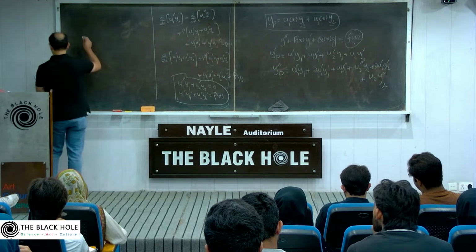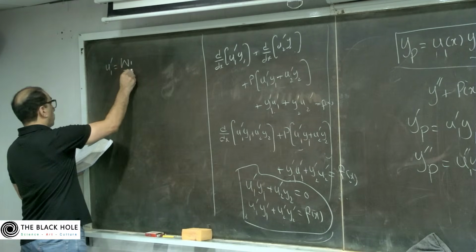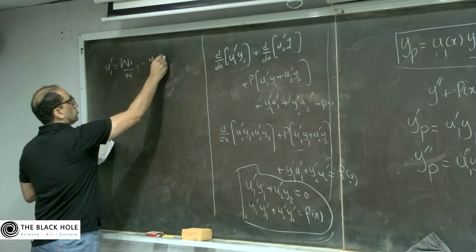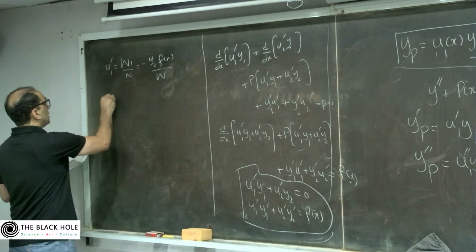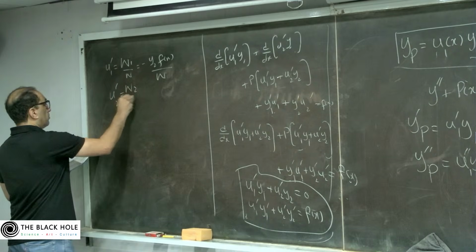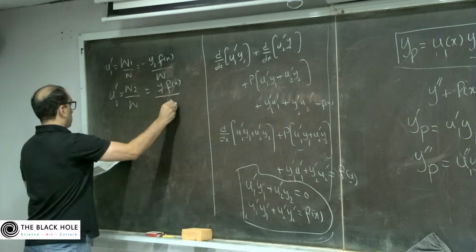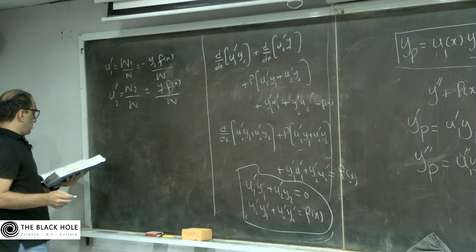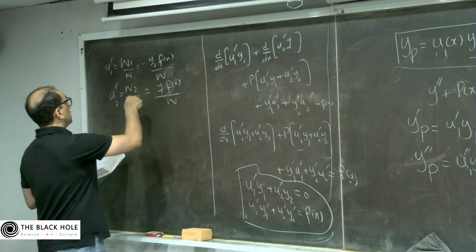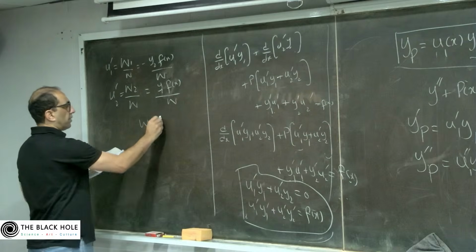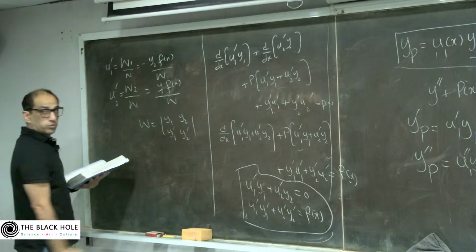What I will get is u1 dash is equal to W1 over W, which is equal to minus y2 f of x over W, where W is our friend the Wronskian. u2 dash is equal to W2 over W, which is y1 f of x over W. So W is my well-known friend, the determinant of y1, y2, y1 dash, y2 dash.